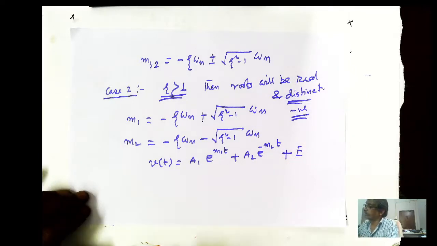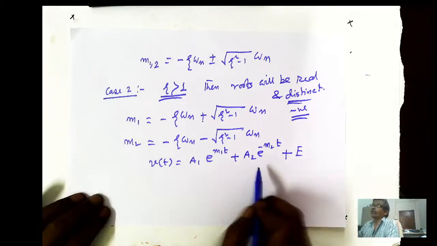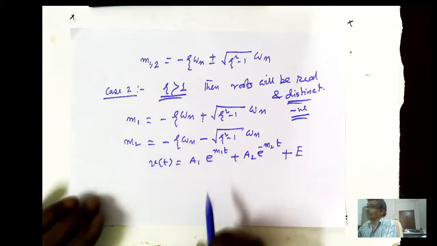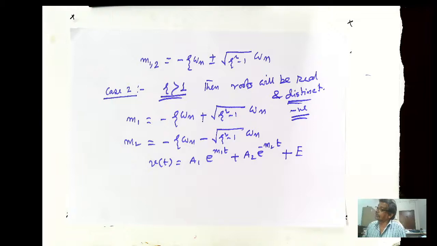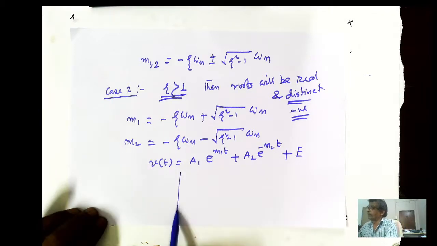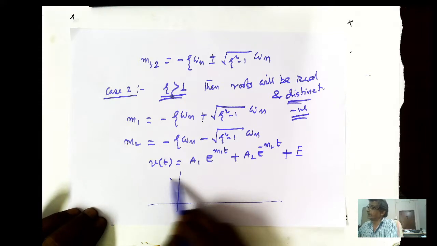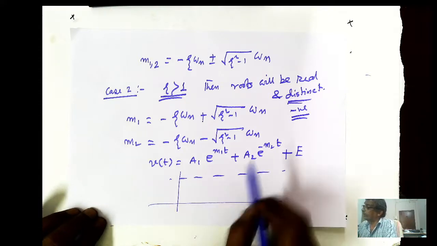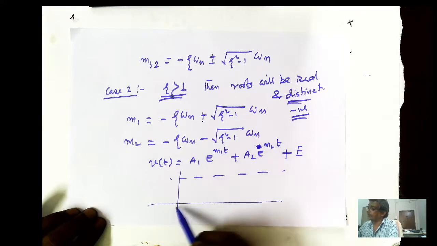Anyway, this will be the waveform, and there will be no oscillations, no j omega t terms. So it is a real function of time, and the sketch of this waveform will be exponential, with m2 t here, and it will be somewhat like this.